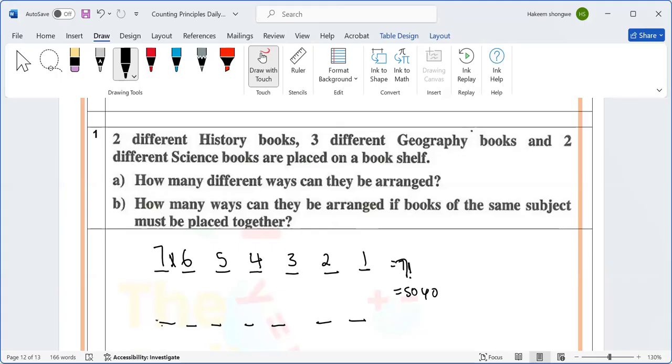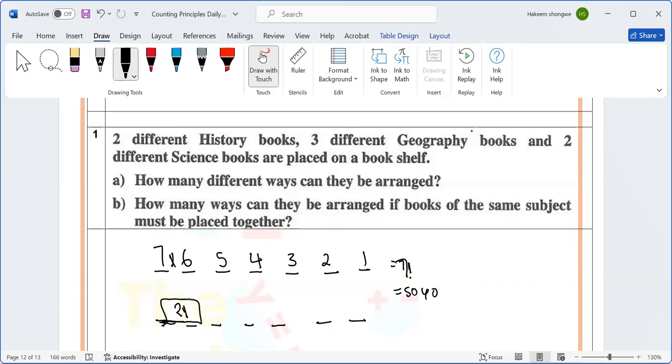This one represents Amu and Muhau, so I'm going to put 2 factorial for them. What does the 2 factorial mean? It means that I can arrange them: it can be Amu, Muhau, or it can be Muhau, Amu. Does that make sense? Yes.